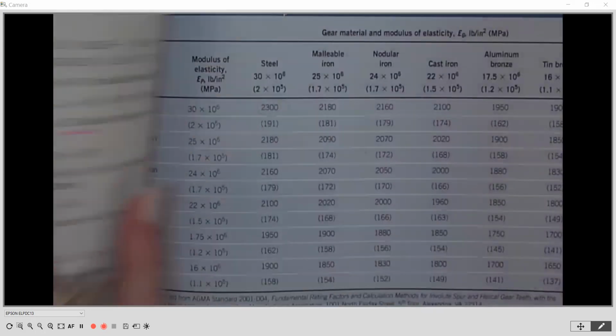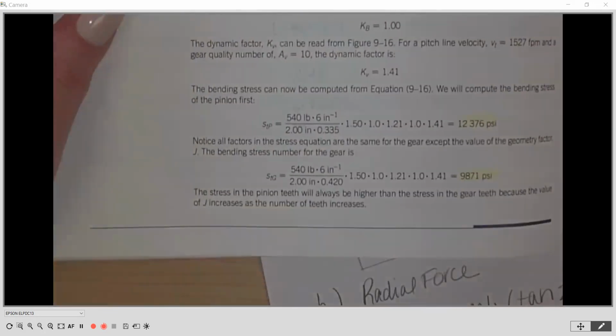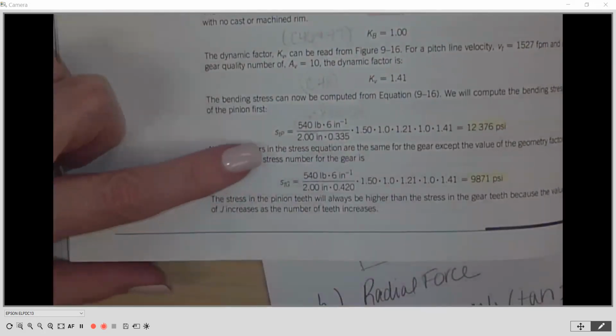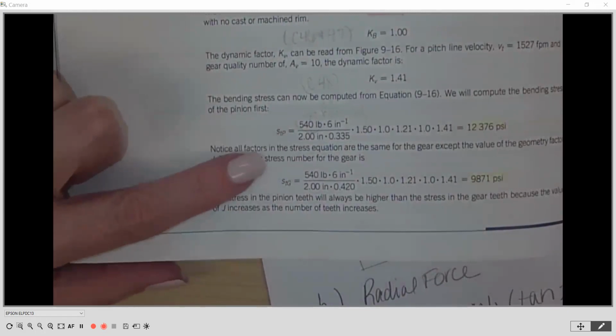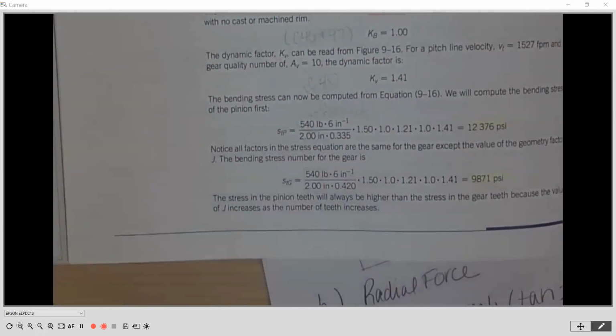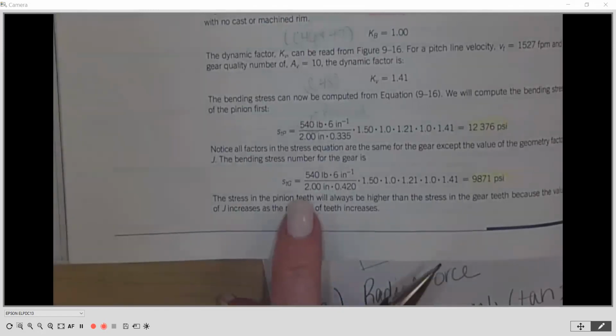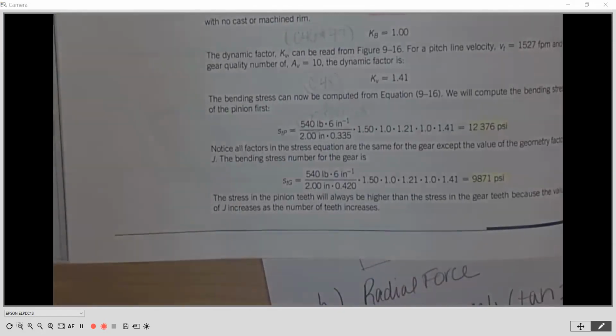As we look to the bottom of our problem here, you're going to notice that we have 2 stress values. The first one is the bending stress on the teeth of the pinion, and the second one is the bending stress on the teeth of the gear. Okay. So let's go back to our spreadsheet and see how we did.